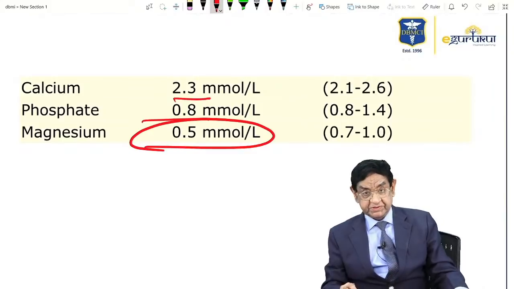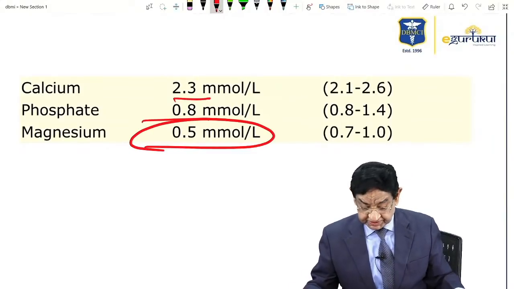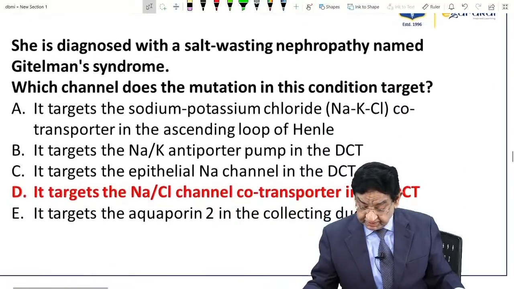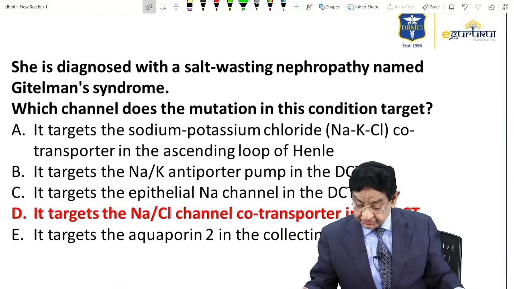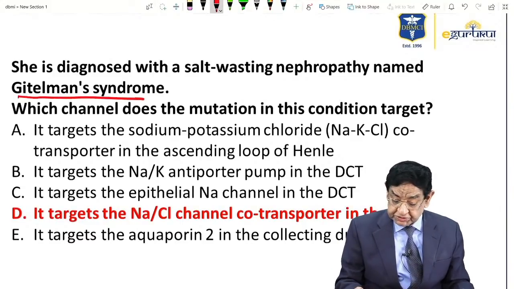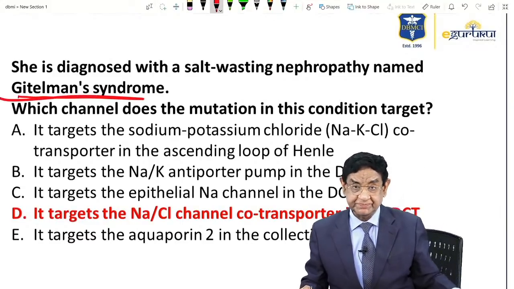Oh, what is this? We are getting a low magnesium level. Oh, Gitelman syndrome is there.